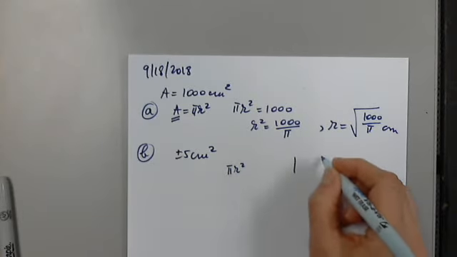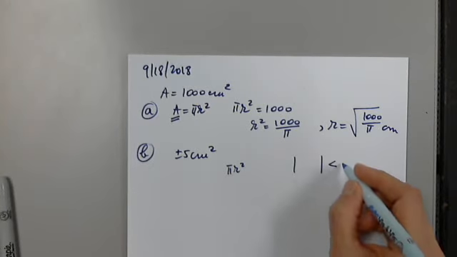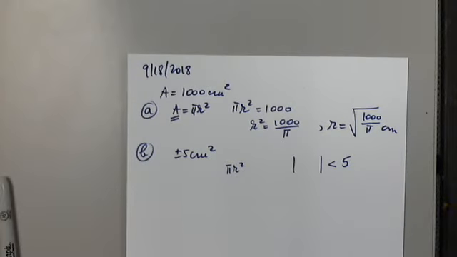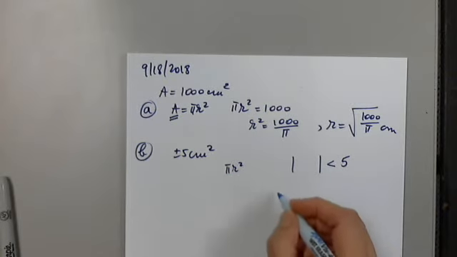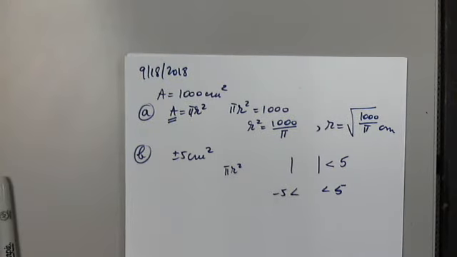So when we write the error, this is what we have: 5 centimeters. The error in the area cannot be more than positive or negative 5. So negative 5 less than, and less than 5.